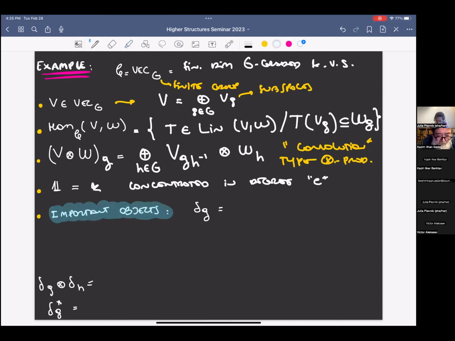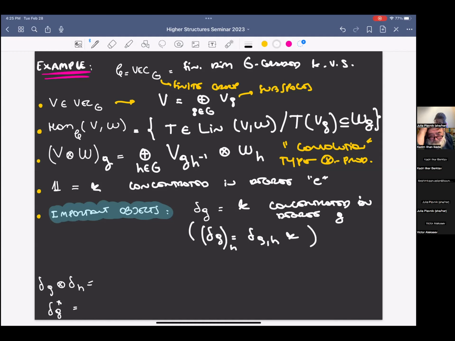I will call them delta G, because they are the field concentrated in degree G. So basically, this is the object in my category that when I look at the grading is 0 if the grading level that I'm looking at is not G, and it's the field if it's G. And in particular, with this notation, delta E is the unit from before.